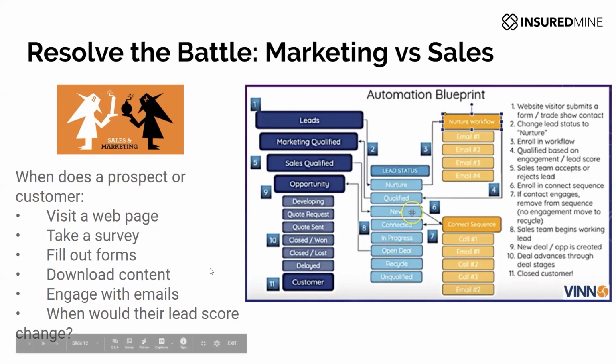You take somebody that comes in from maybe a lead magnet or something like that, and you can really watch their journey as these automated emails are sent out. For example, this one has a nurture workflow here, where they essentially enroll themselves into this workflow, and a sequence is automated to nurture them into your pipeline, where a sales representative will be able to reach out and seal the deal.